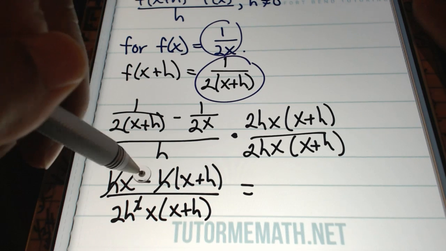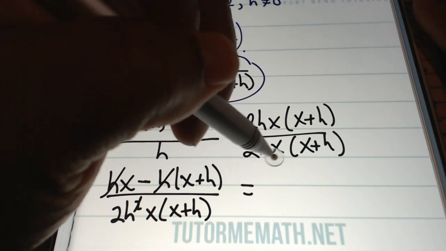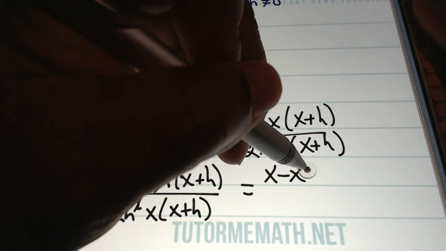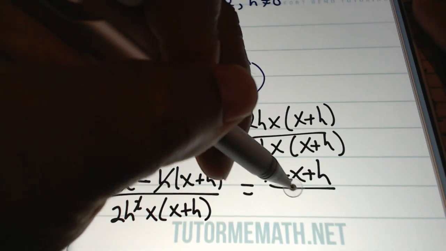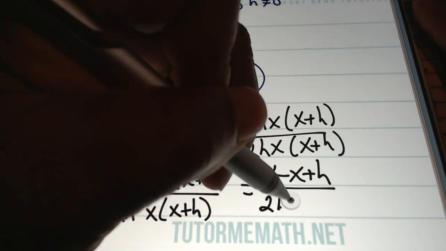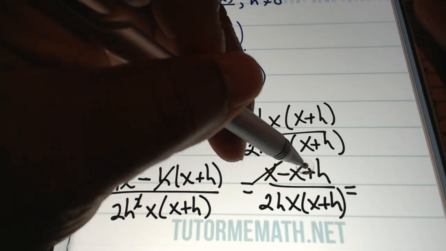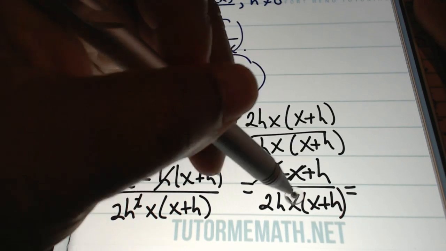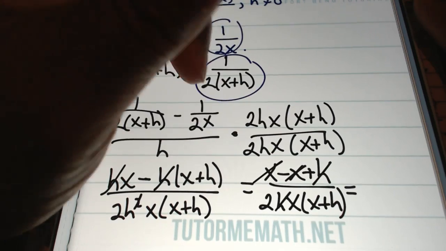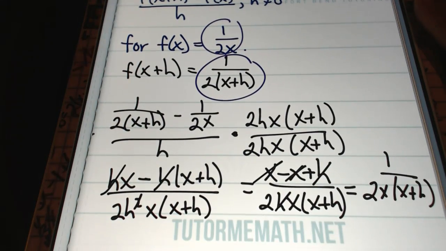If you then distribute the negative in the numerator, you'll have x minus x plus h, all over 2hx times the quantity of x plus h. What happens from here is that the x's in the numerator will cancel out, right? This h cancels out with this h here, so you end up with negative 1 over 2x times the quantity of x plus h as the final result.